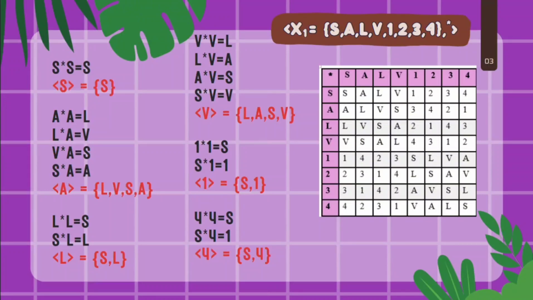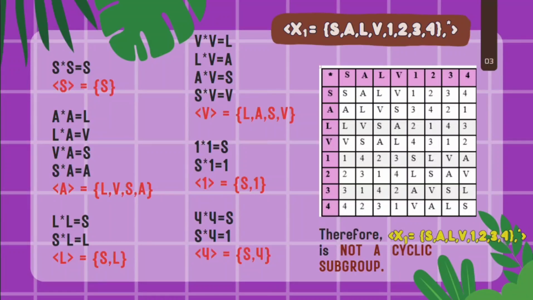It is also not a generator. Let's move to 4. 4 star 4 is equal to S, and S star 4 is equal to 1. Also, the element 4 is not a generator. Therefore, we can conclude that X sub 1 is not a cyclic subgroup.